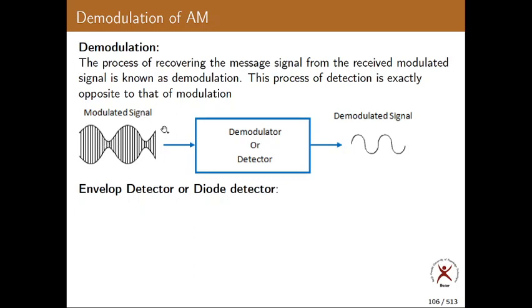Now, what would be the clever way of recovering your message signal? In this AM, the envelope is just like your message signal. So, the clever way of recovering your message signal is you just extract this envelope. If you get the envelope of this signal, almost you got your message signal.